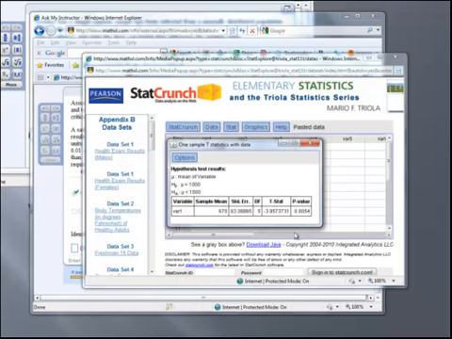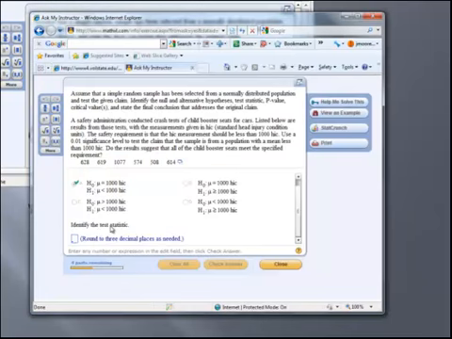Then we'll click Calculate. Now this gives us an output box with everything we need, and the thing that we're supposed to find right now is this T statistic, the test value, minus 3.957 if we round to 3 decimal places. So we'll type this in here, check our answer.